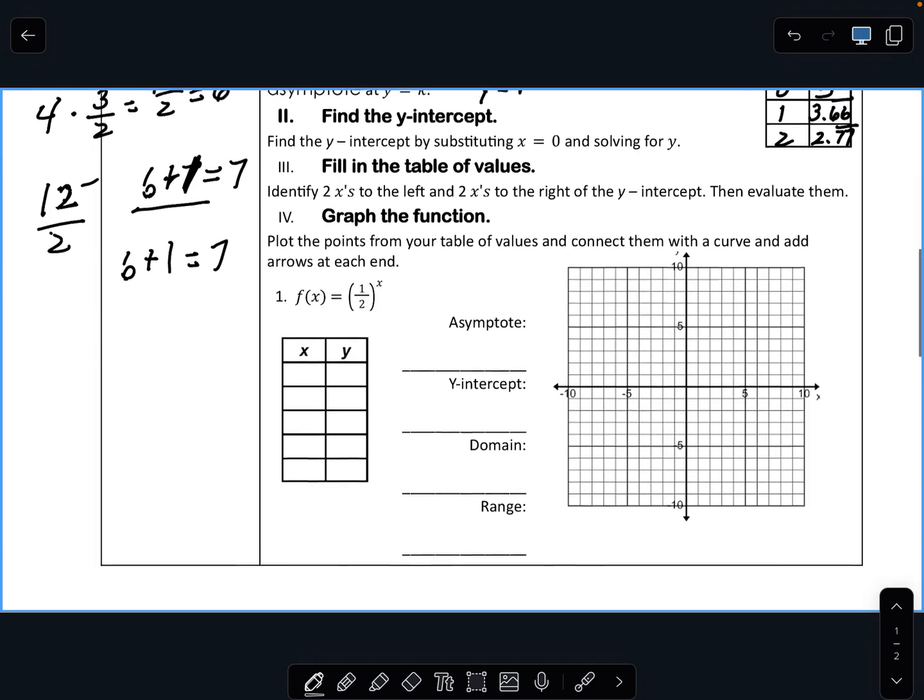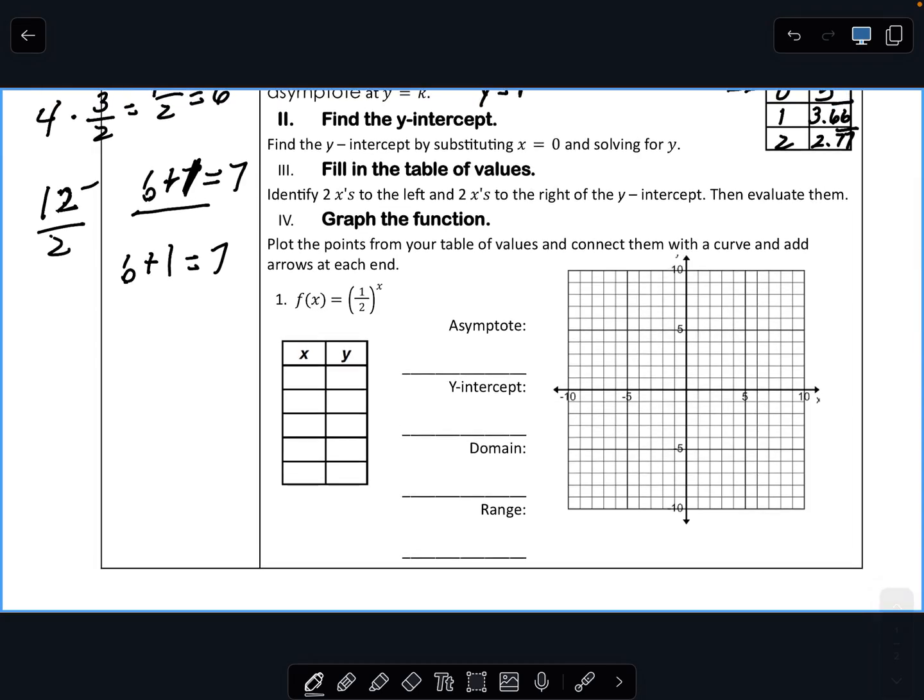So let's do another example. Let's do example number 1. First, you're going to start by figuring out your asymptote. Well, y equals k. There's not a k here, so it's going to be 0. Then you're going to fill in your y-intercept.